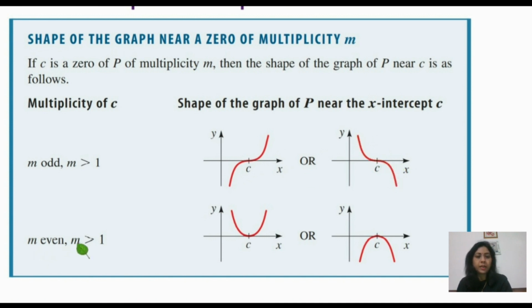But if m is even and more than 1, the graph doesn't cross the x-axis, it just bounces at C. Like here positive, so it just touches and again goes upside. Here down, touch and again downside. So if m is odd, the graph crosses the x-axis at C, and here it doesn't cross, if m is even.